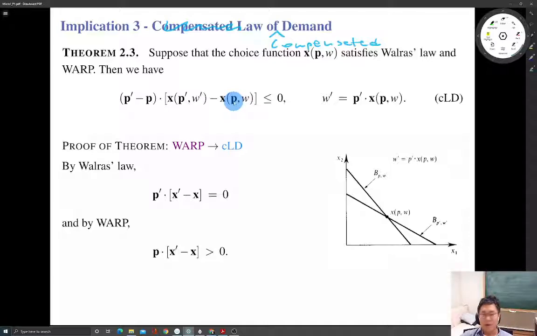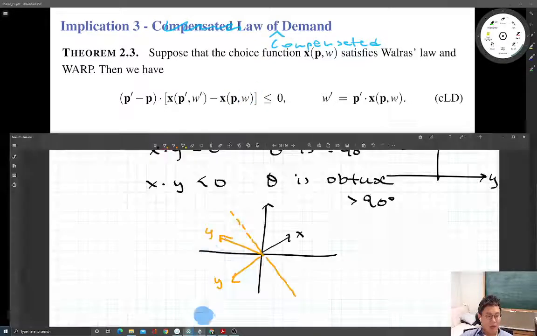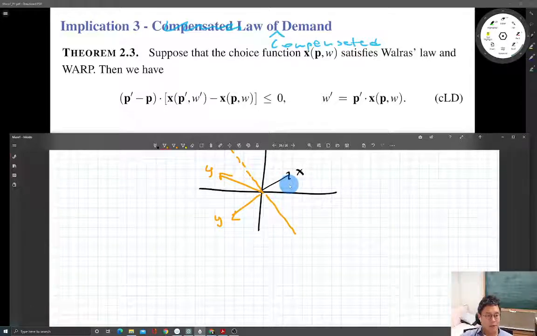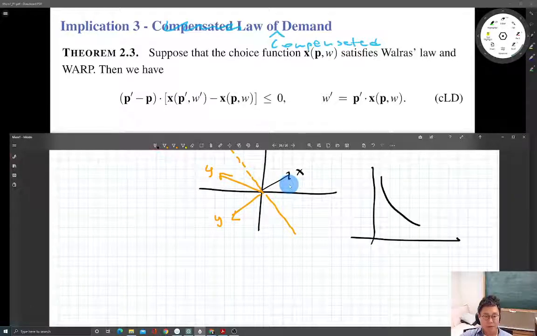The standard law of demand in principles of economics tells us the demand curve is decreasing. So if we have x1 and p1, the demand curve for good one is decreasing over price.